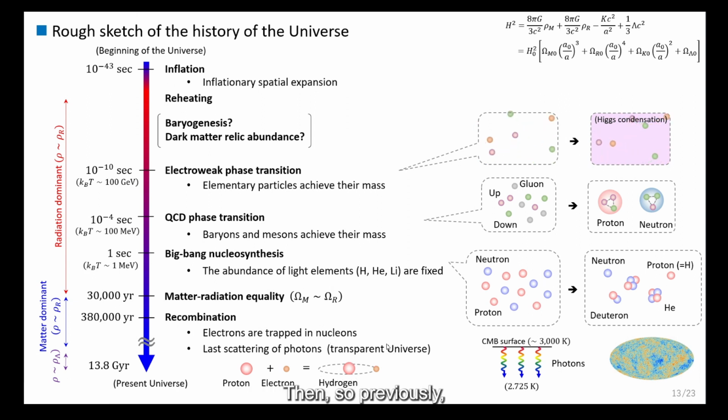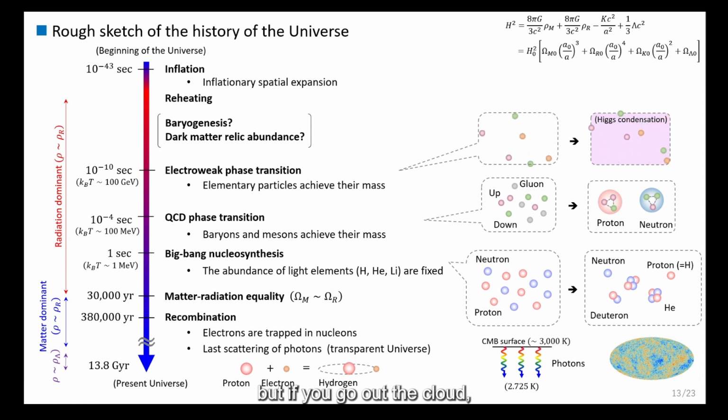Previously, before the recombination, the proton and the electron exist freely. That means the universe is filled by charged plasma. So the photon cannot go straight, because the photon hits the proton or electron, so it is scattered. It's like the situation where if you go inside a cloud, you cannot see the sight.